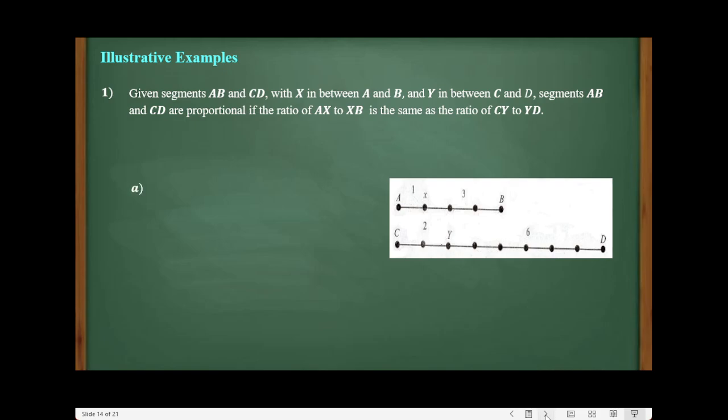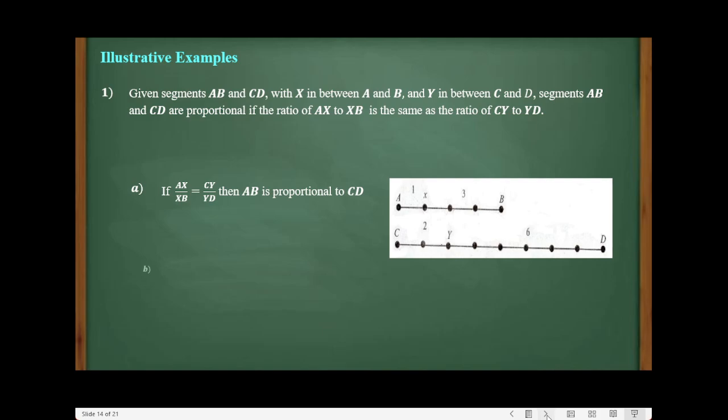So if AX over XB is equal to CY over YD, we can therefore say that segment AB is proportional to segment CD. Meaning the two segments are proportional to one another.